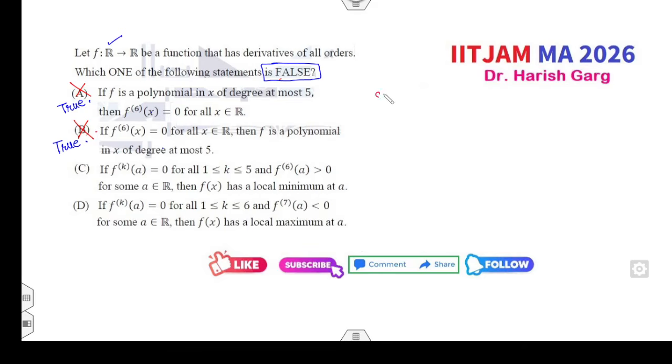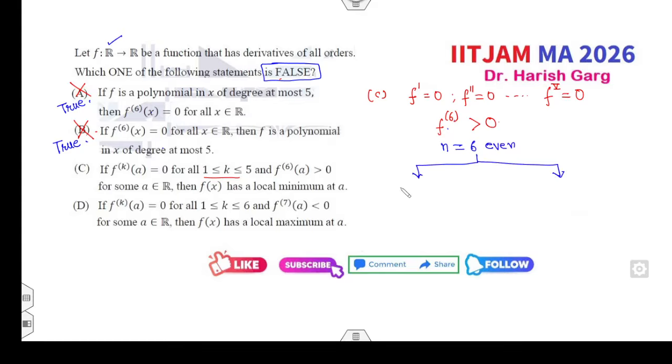Option. If the first derivative is 0, second derivative is 0, and so on, the fifth derivative is 0, and the sixth derivative is positive. Fine. Now you can see what is the n? 6 is even. So you have two cases always.